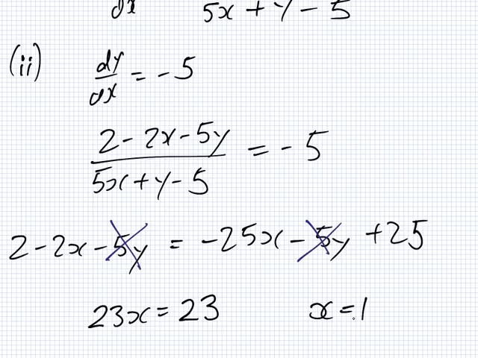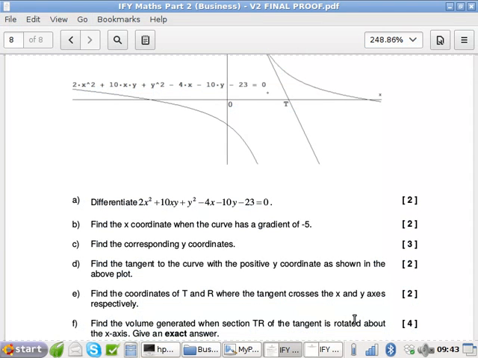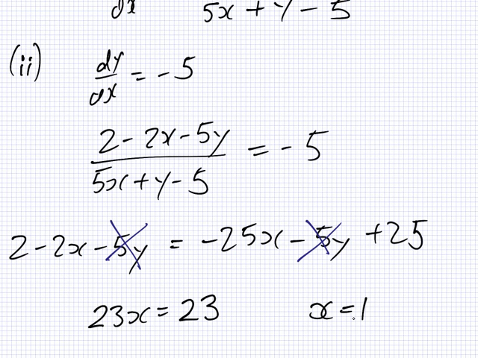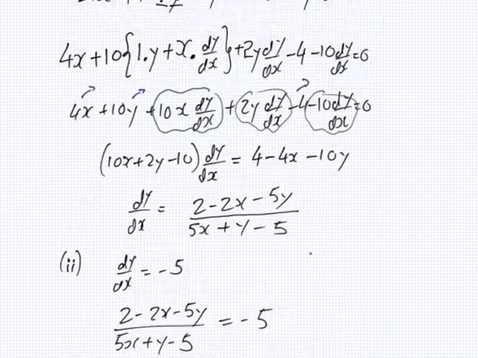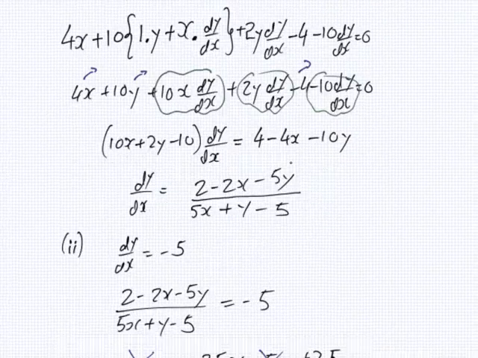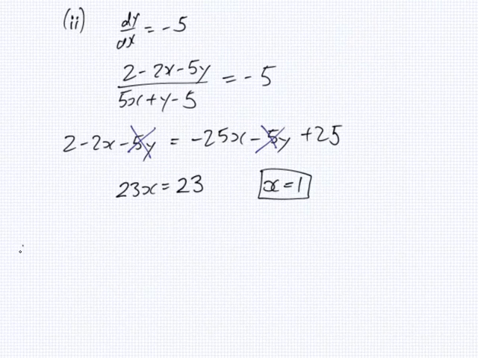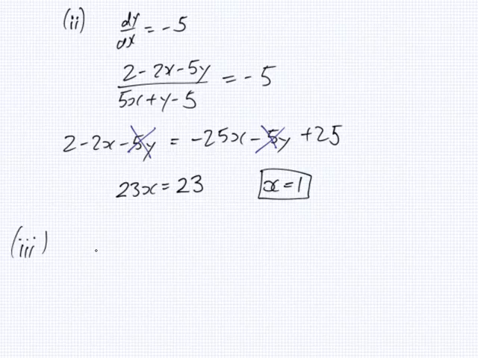Next part. What is the y value? So we need to take our answer for x and put it back in to the very beginning. Malik, can you read out the equation?